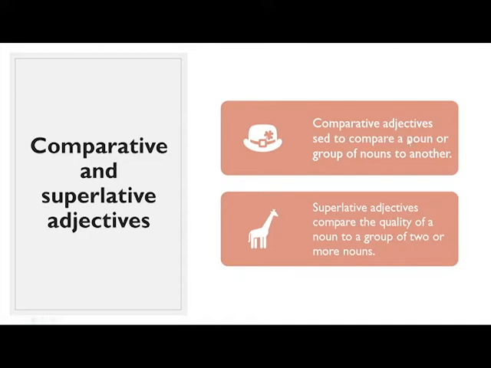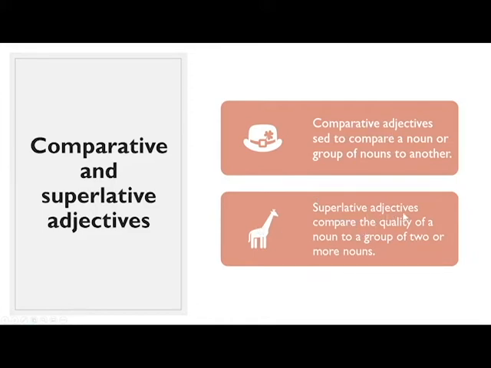A comparative adjective is used to compare a noun or a group of nouns to another. For example, there are two persons, one runs really fast and another runs slower. We compare how fast they run using comparative adjectives.